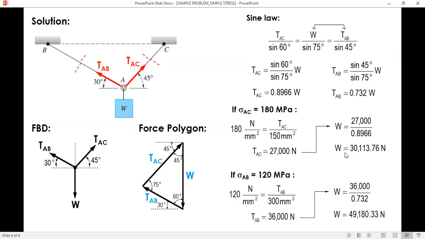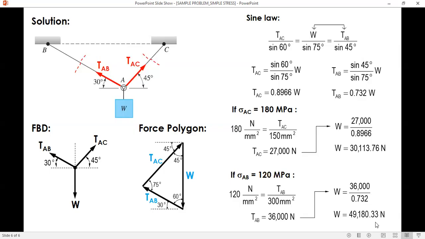Now, between these two values, which value is the largest? Now, normally, without thinking, they will select this one, 49,180.33.